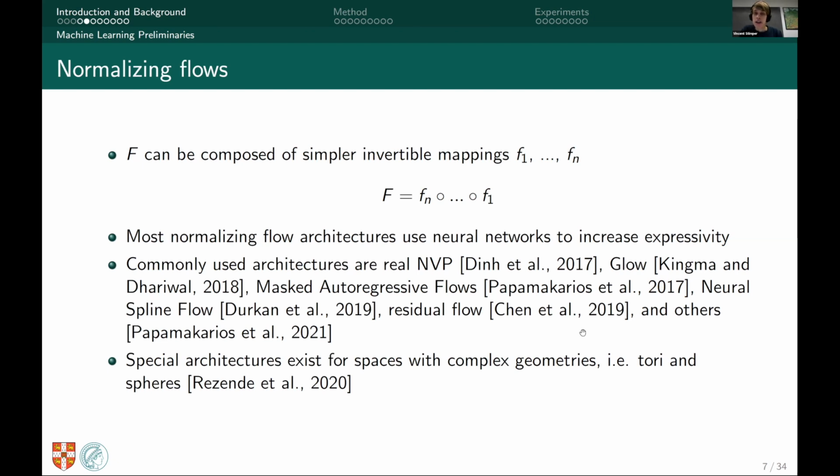There are many common flow architectures, and as I said, they use different tricks in order to make the Jacobian determinant easy to compute. I listed a few of them here. Something I also want to highlight is that there are some special architectures which are able to learn distributions on complex geometries, for instance tori, spheres, or other geometries.